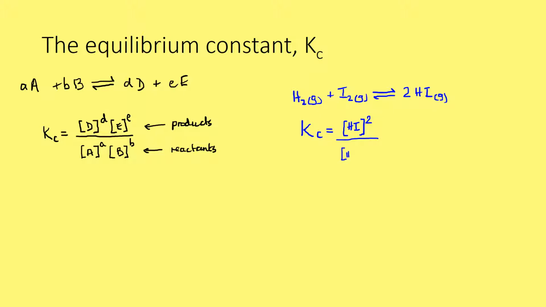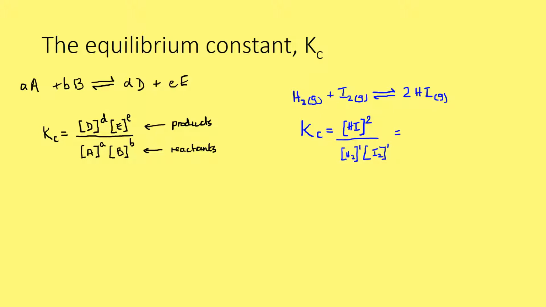So first reaction is hydrogen gas, and that is to the power of 1 because there is 1 mole of hydrogen in the balanced equation, and we also have iodine as another reactant, and there is also 1 mole of iodine in the balanced equation, so that is to the power of 1.